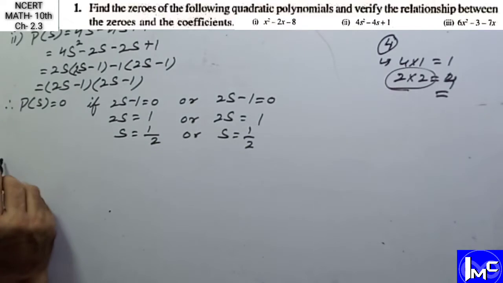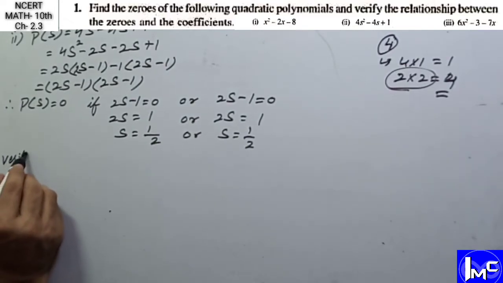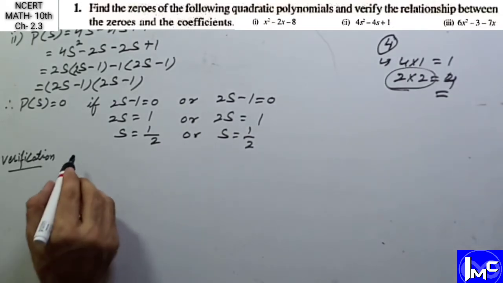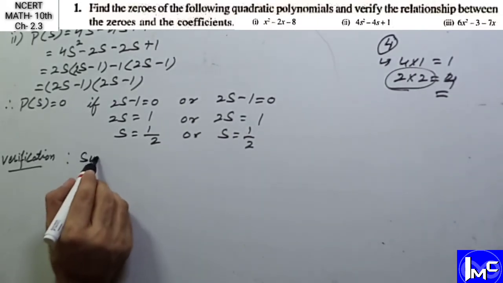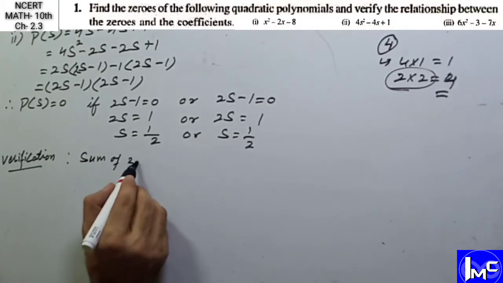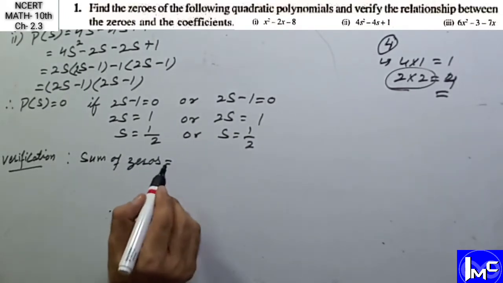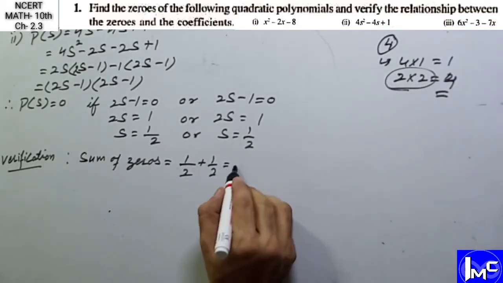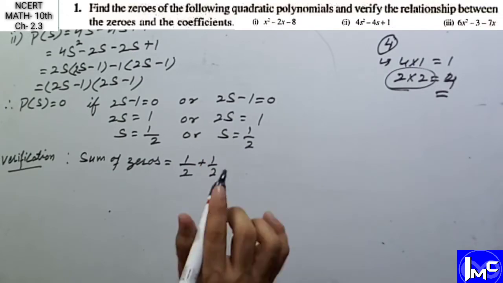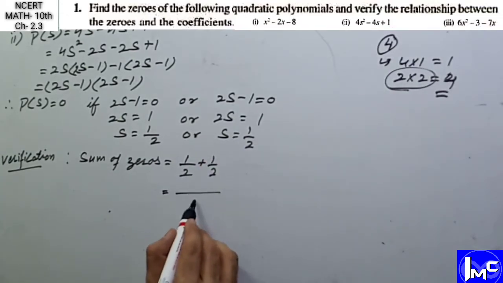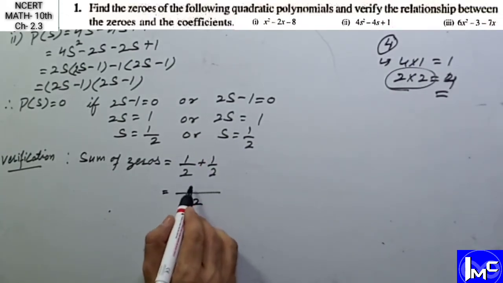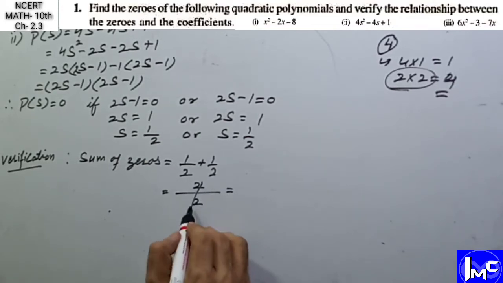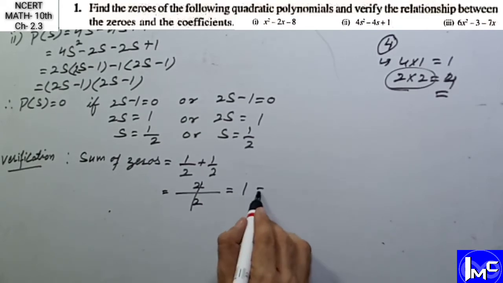Now we come to verification. Sum of zeros will be 1 by 2 plus 1 by 2 equal to 2 by 2, that will be 1. And what is it?